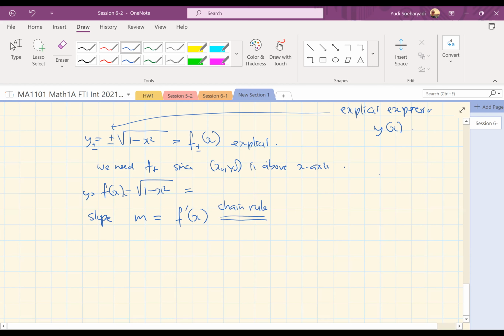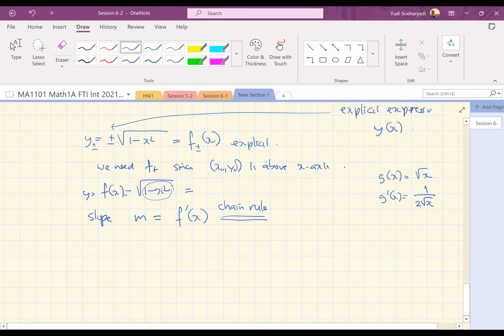If you have the square root of x, the derivative is 1 over 2 square root of x. So this is our g, the inside function.